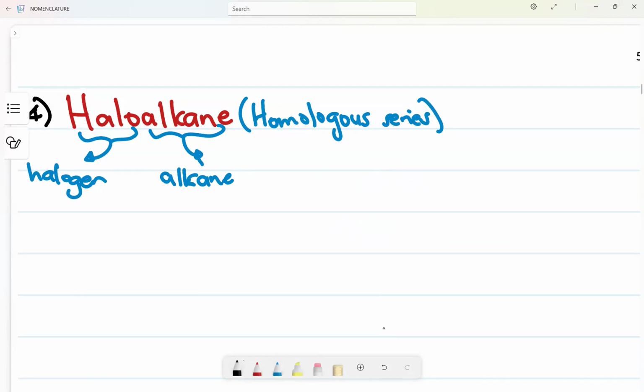Now let's talk about the structure of the functional group.